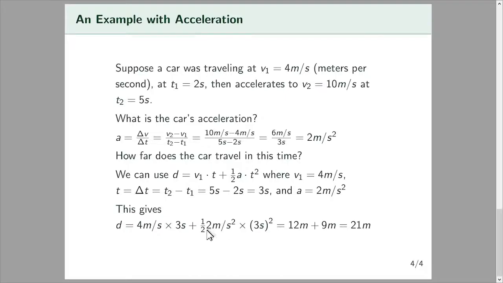Similarly here, I get 2 times 1/2, which is 1, and 3 seconds squared is 9 seconds squared. The seconds squared cancel, so I get 9 meters, so 12 meters plus 9 meters is 21 meters. And so this car has traveled 21 meters while accelerating from 4 meters per second to 10 meters per second over the course of 3 seconds.